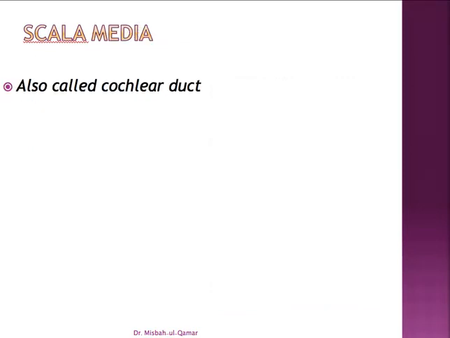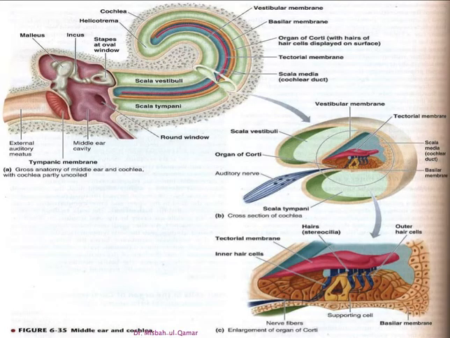right? And finally the scala media, which is the most important one, and it is also called the cochlear duct. You can see here that this scala media, which is also called the cochlear duct, and the organ of Corti, this structure, is situated in the scala media, right?